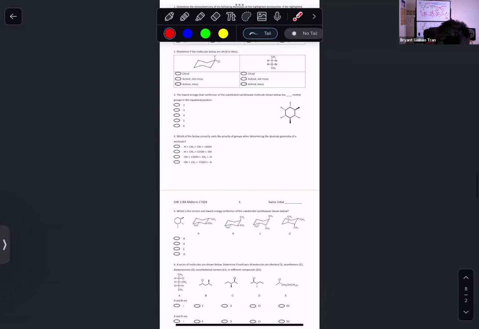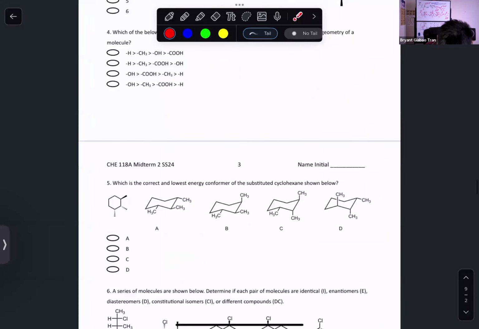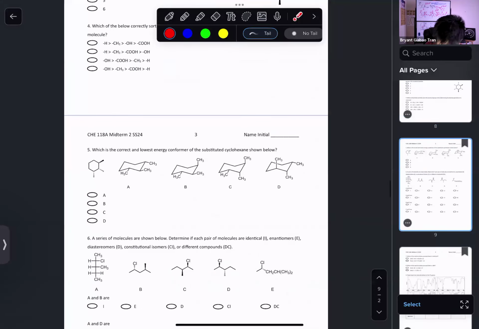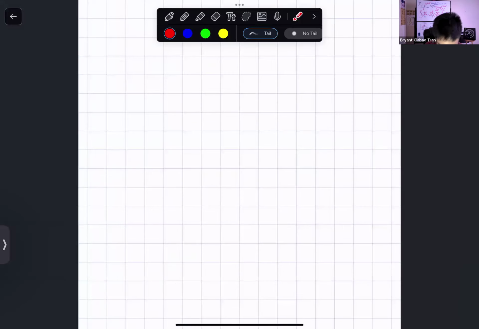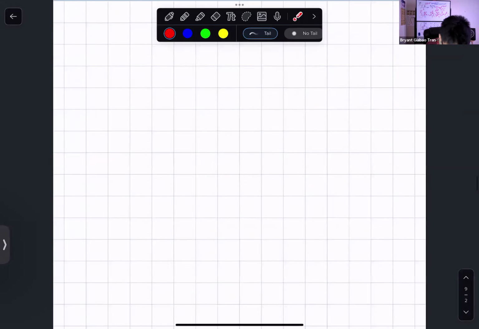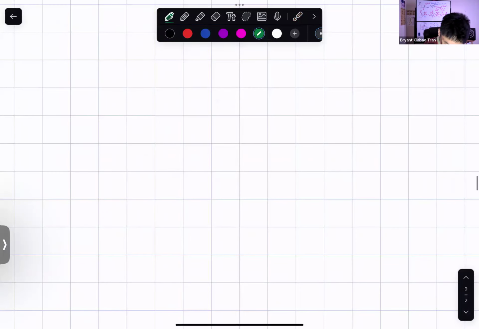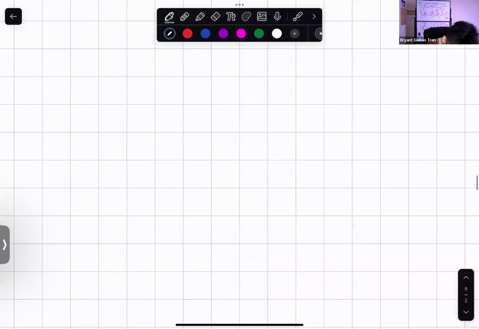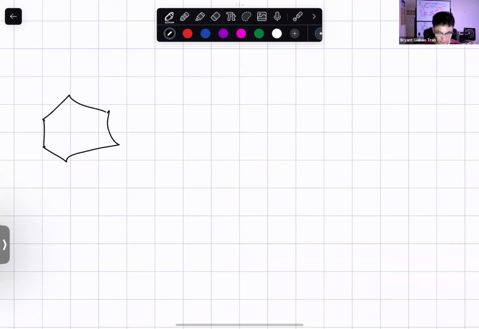Number 5. Okay, chairs. Let me go over everything, I hope I don't miss anything about chairs that you need to know. Okay, so chairs are going to represent cyclohexanes, 6-membered rings like this. Right, and they're going to exist in nature as chair conformers.